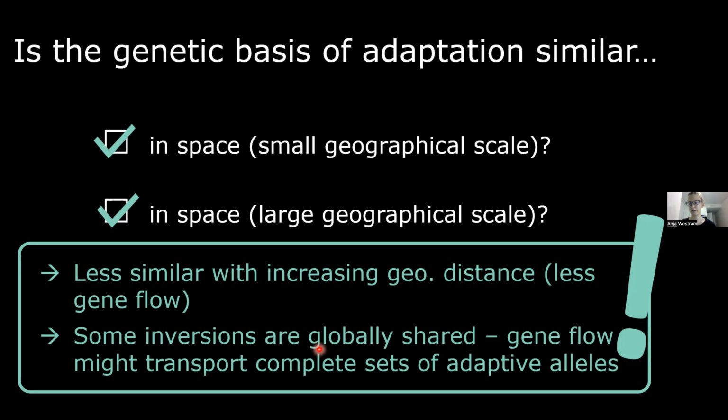We think a possible explanation for this is that, as I said before, these inversions concentrate adaptive loci in blocks that cannot be broken up by recombination. Therefore, inversions could also be particularly good transport vehicles for adaptive alleles, because the blocks can be transported over large geographical distances without ever being broken up. That might be a reason why these inversions are globally shared and always contributing to adaptation.